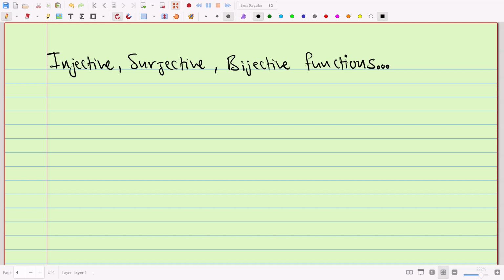Today we are going to look at one of the most common categories of functions: injective, surjective, and bijective functions. The functions that we always deal with can be put under one of these categories.